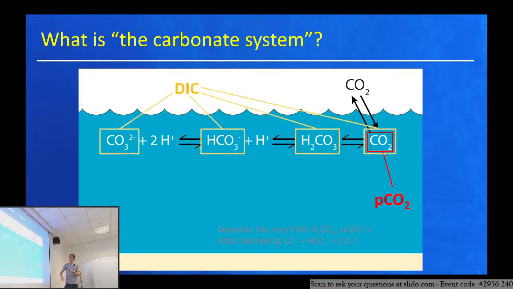The DIC is the sum total of all four, and carbonic acid is too small in concentration to really matter, so it's essentially the sum of the other three. We've got some protons here, which set the pH. And these two at the back, carbonate and bicarbonate, have a negative charge. They can react with protons, so those two additionally represent alkalinity.